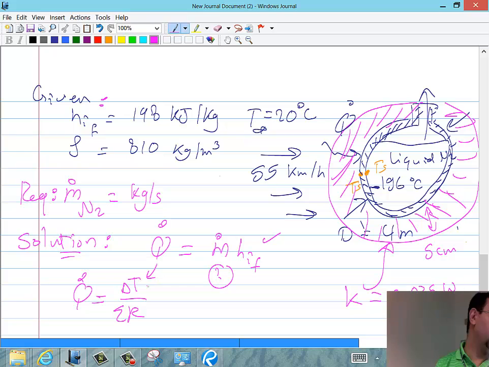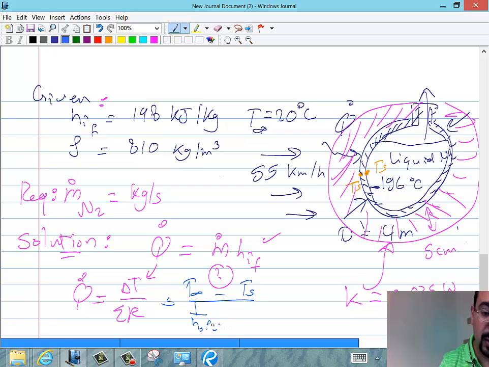So we could actually just write them down here. The delta T would be the T infinity minus T tank or TS, and the resistance for convection is 1 over H. Let's call it H out, area S, or area out actually.